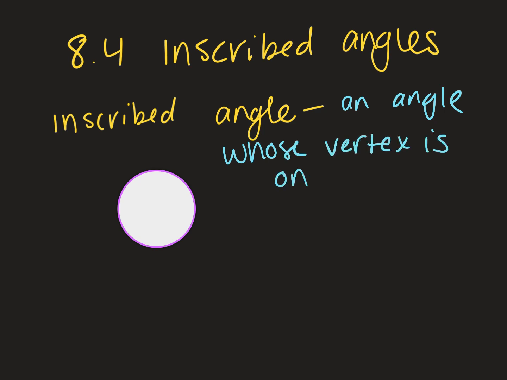Right, so that is an example of an inscribed angle. So remember that the measure of an inscribed angle is half the measure of its intercepted arc.